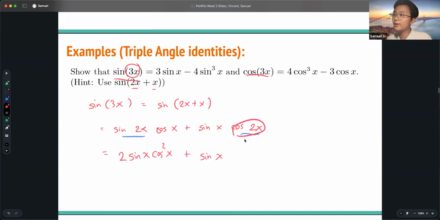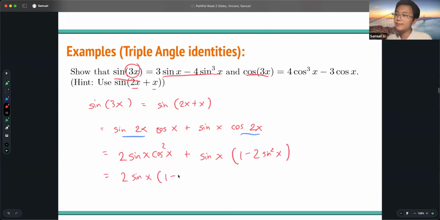And for this one right here, we are going to use the version for sine because the question wants it completely in sine. So 1 minus 2 sine squared of x. And the last thing to take care of would be cosine squared x, and that's where we have the Pythagorean identities.